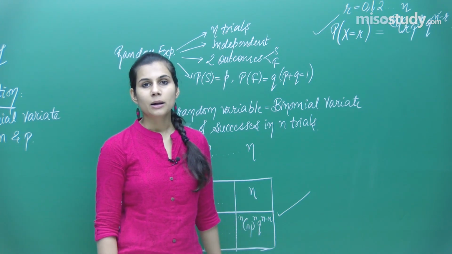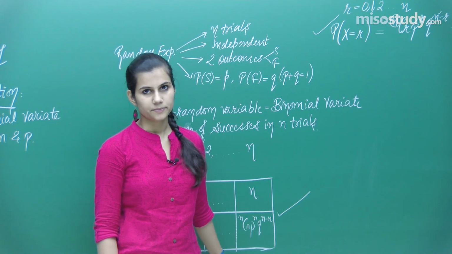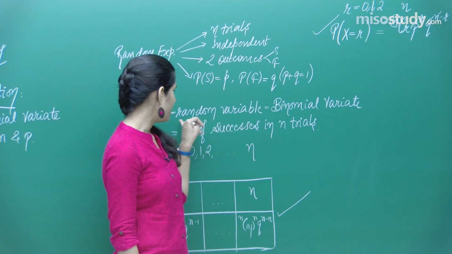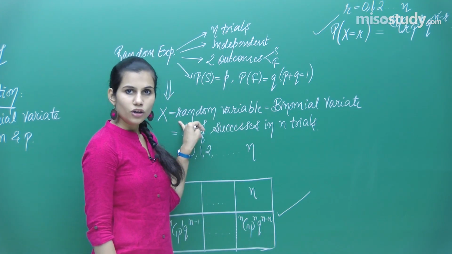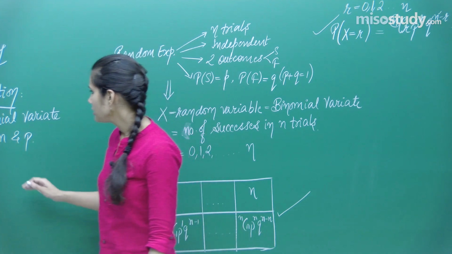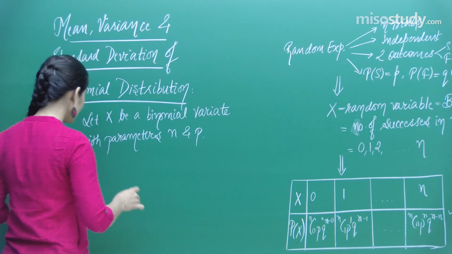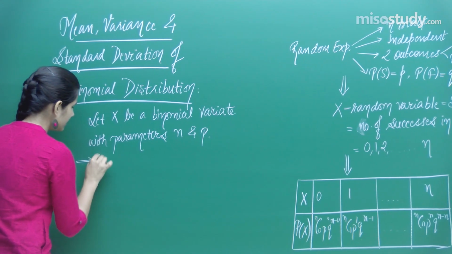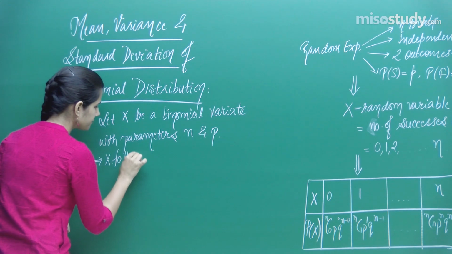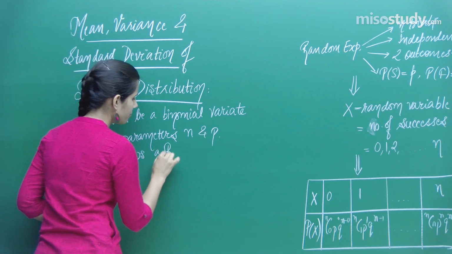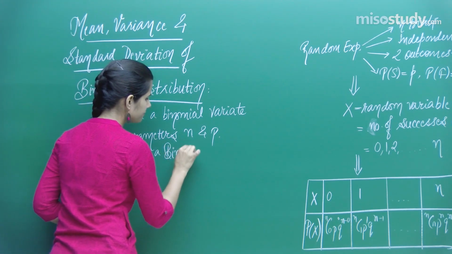And therefore, I can get the complete binomial distribution of that particular random variable X. Okay? So whenever it is written that X is a binomial variate with parameters n and p, this means X follows a binomial distribution.